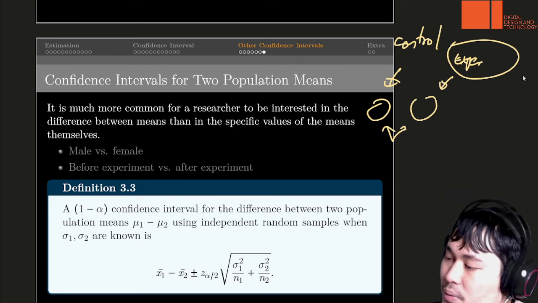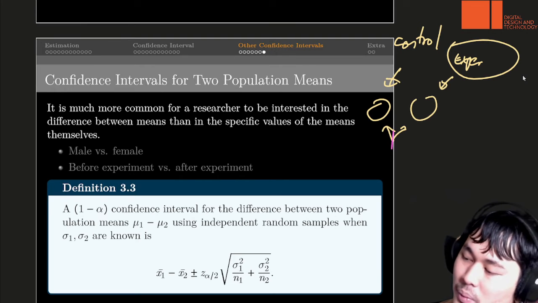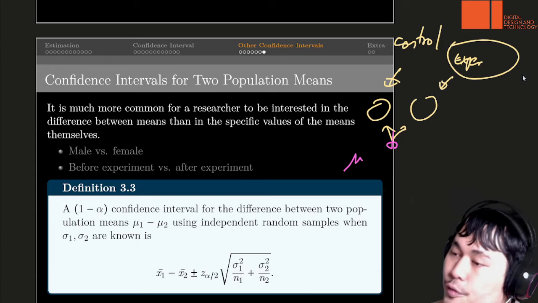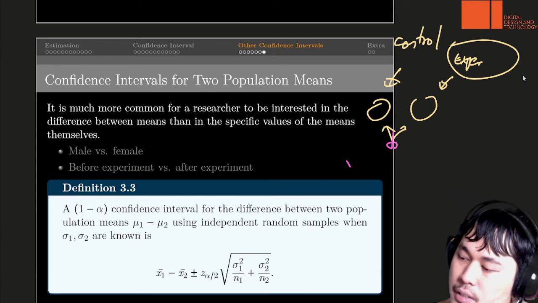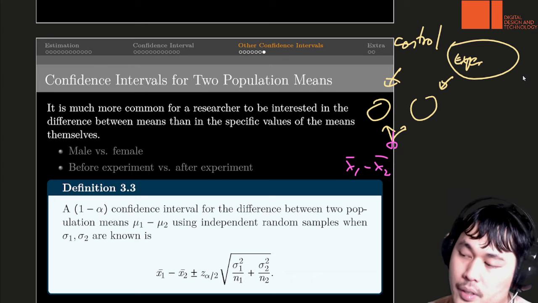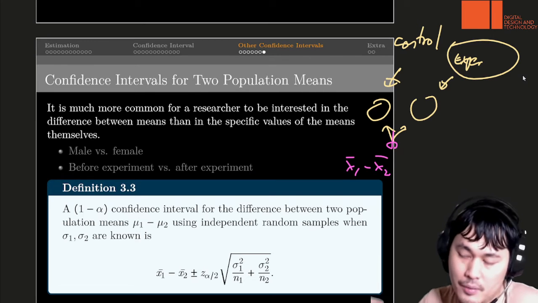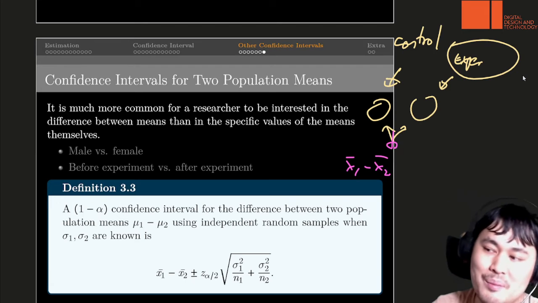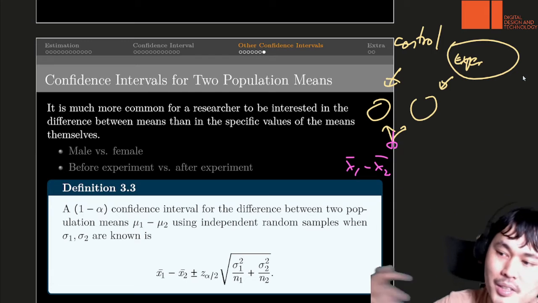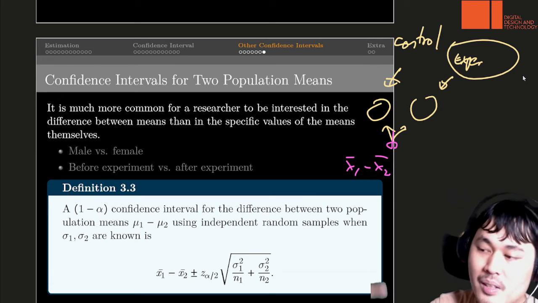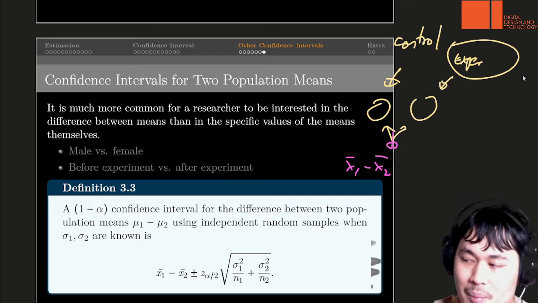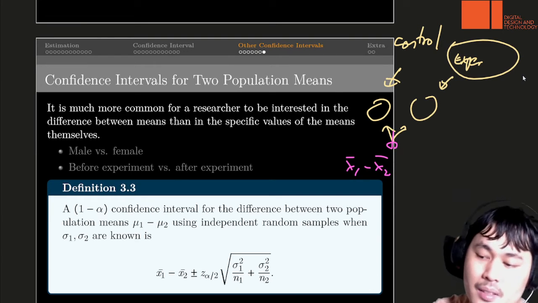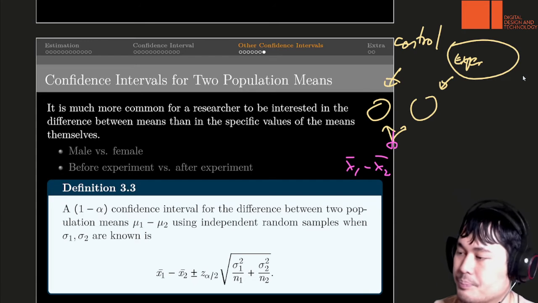And so whatever you do with these two groups, usually the final number that you care about is the difference between their averages. So for instance, you want to see whether people who drink tea will do better on exams. So the first group, the control group, is the group of people who just do the exam normally. And then the other group is people who you give tea before they do exams.